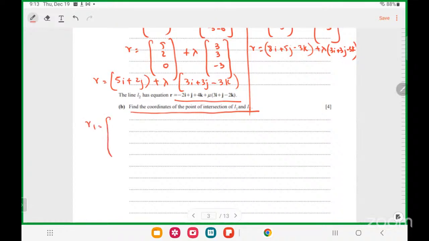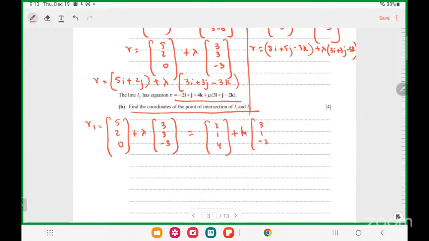R1 is (5, 2, 0) plus lambda times of (3, 3, -3), which is equals to R2, that is (-2, 1, 4) plus mu times of (3, 1, -2), because they both are intersecting. I will equate them.